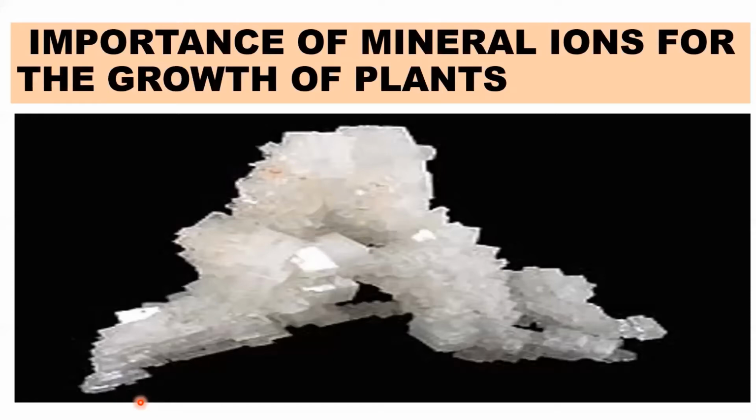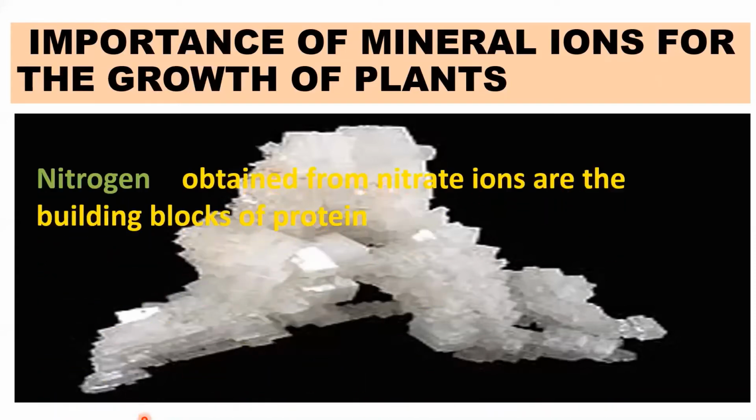Now we can see the importance of mineral ions for the growth of plants. Nitrogen is obtained from nitrate ions. They are needed to make amino acids, without which the plants suffer from stunted growth. Amino acids are the building blocks of protein. Phosphorus is obtained from phosphate ions.